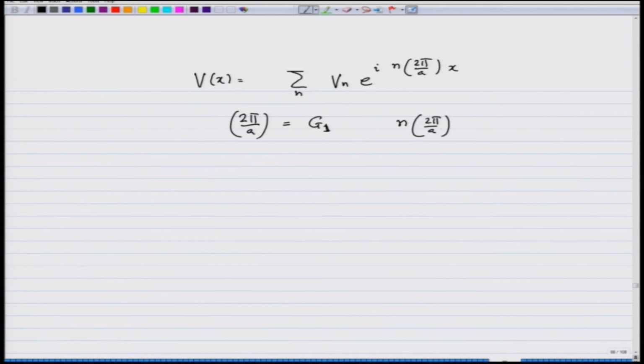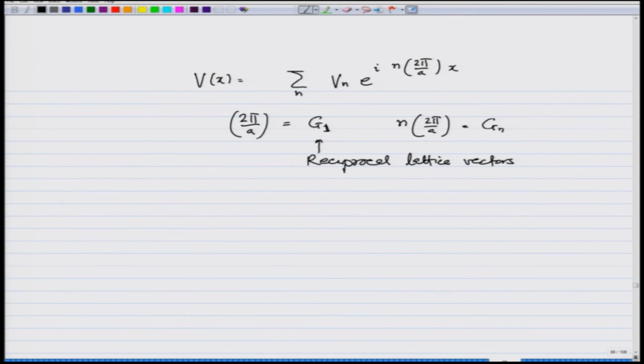So, we have V(x) equals summation over n of V_n e^{i n 2π/a x}. I am going to call 2π/a as equal to g_1 and n times 2π/a as g_n, and these are called reciprocal lattice vectors, but that is just a name I am giving you.